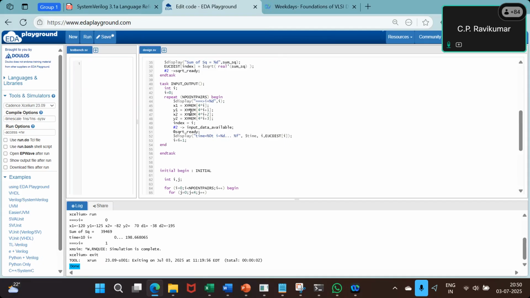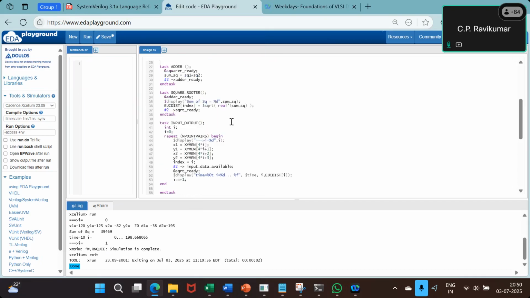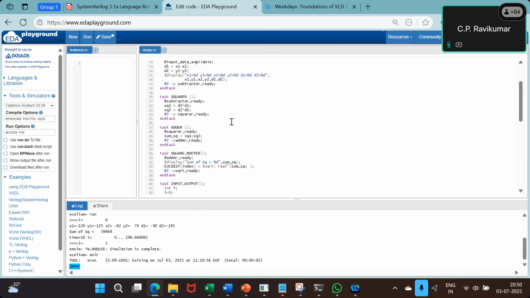If there is some indexing error, then unfortunately, it didn't say anything. Okay, sometimes that can happen. See, the process may have given a SQRT ready. Where am I indexing?